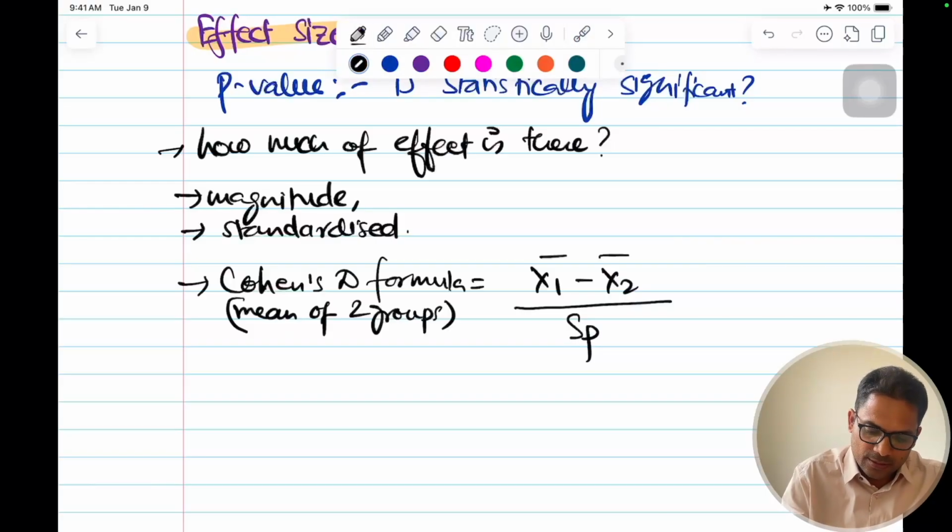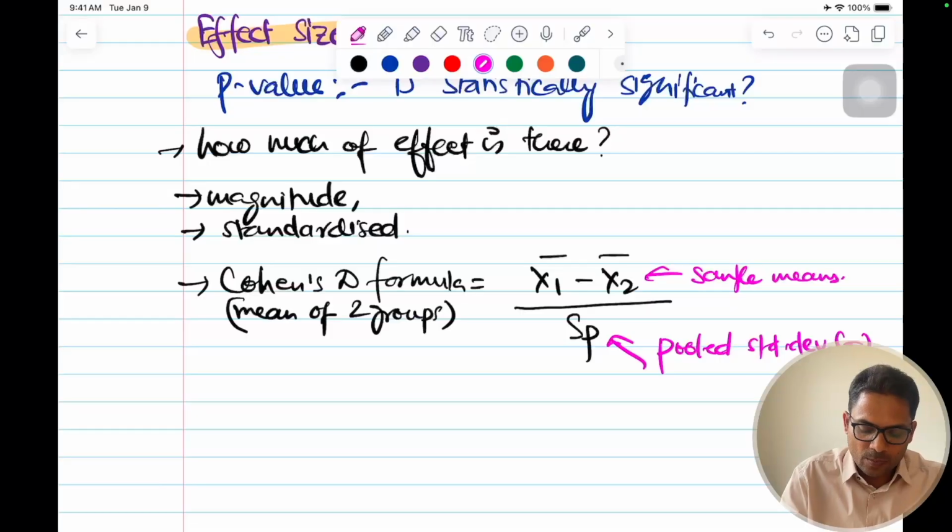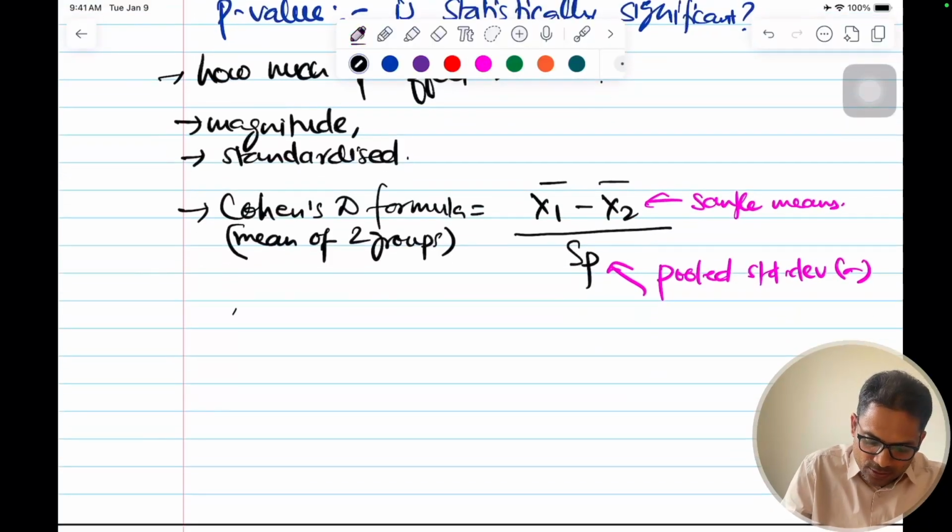So let me write it. This is your pooled standard deviation. Pooled means a pool of both standard deviations. And these are sample means. The pooled standard deviation also has a formula.